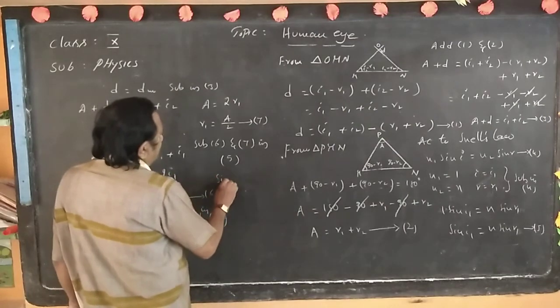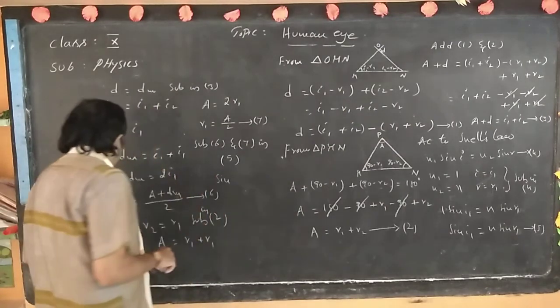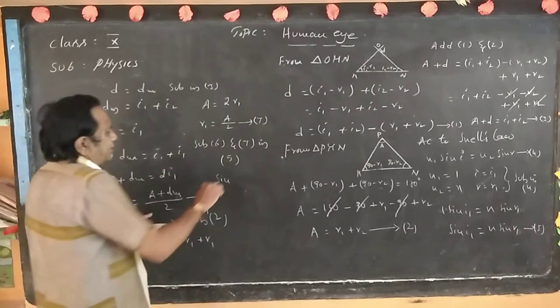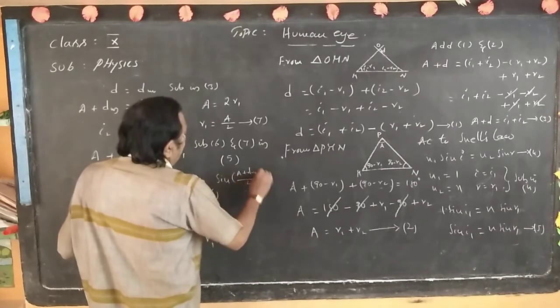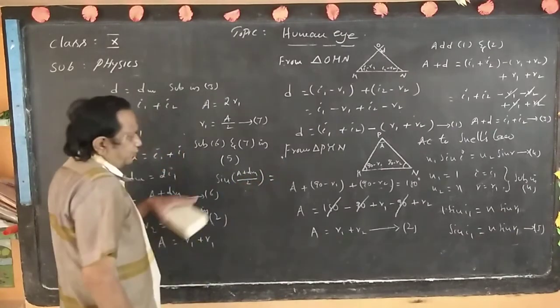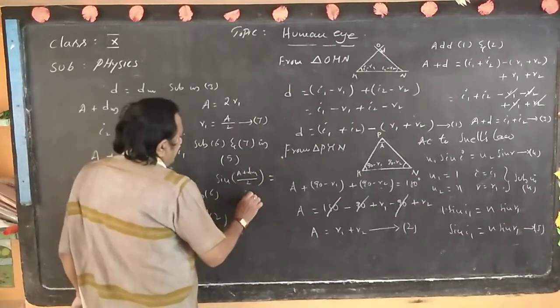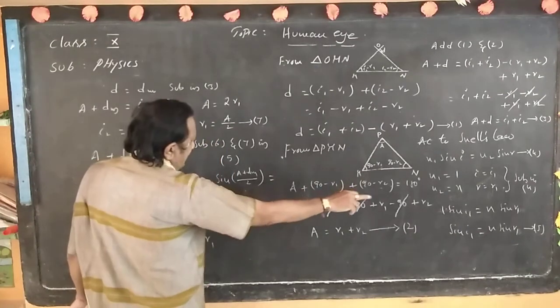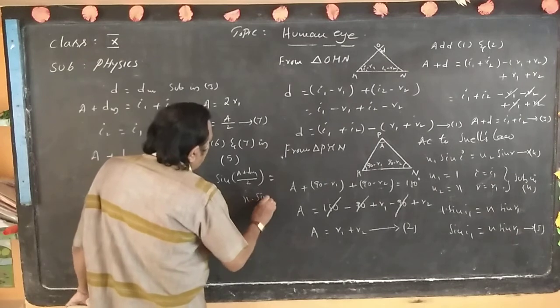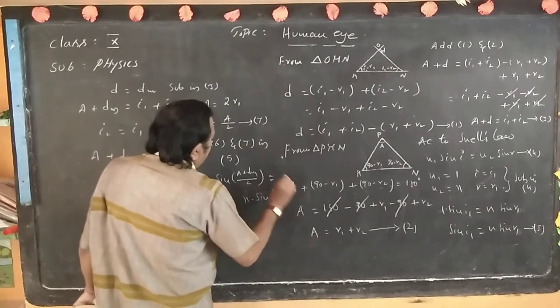Sine I1, so what is the value of I1? A plus dm by 2. So sine of A plus dm by 2 is equal to n into sine R1. What is the R1 value? A by 2. So n into sine A by 2.